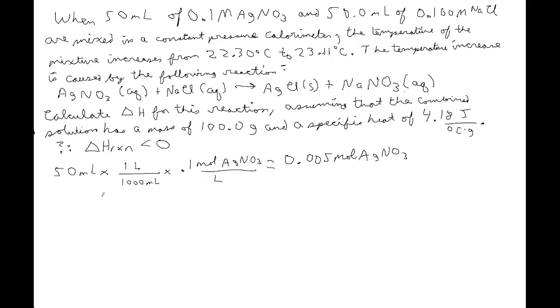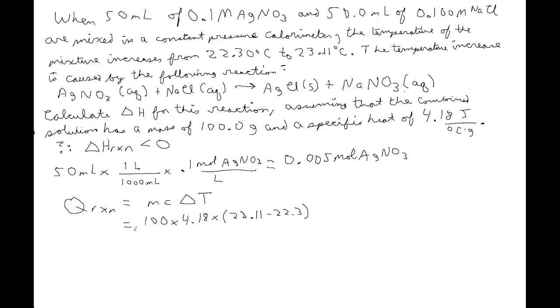Now you can figure out, since it's at constant pressure, we don't have to take into account the calorimeter. So Q, the reaction, is equal to mc delta T, where Q is equal to 100 grams times 4.18 times change in temperature, which is 0.81.